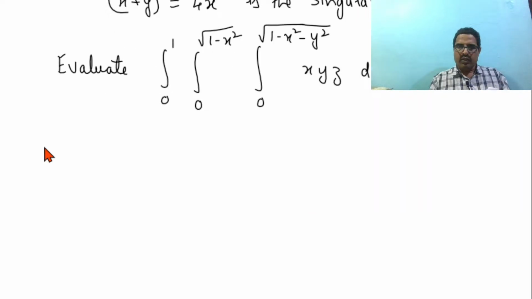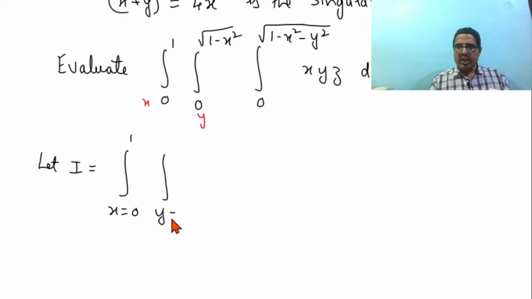Let us take this integral to be I, equals the integral of, if you observe, because you have dx, this corresponds to your x value. Therefore you can write x equals 0 to 1. Next you have dy, which corresponds to your y value, so y equals 0 to root of 1 minus x square.